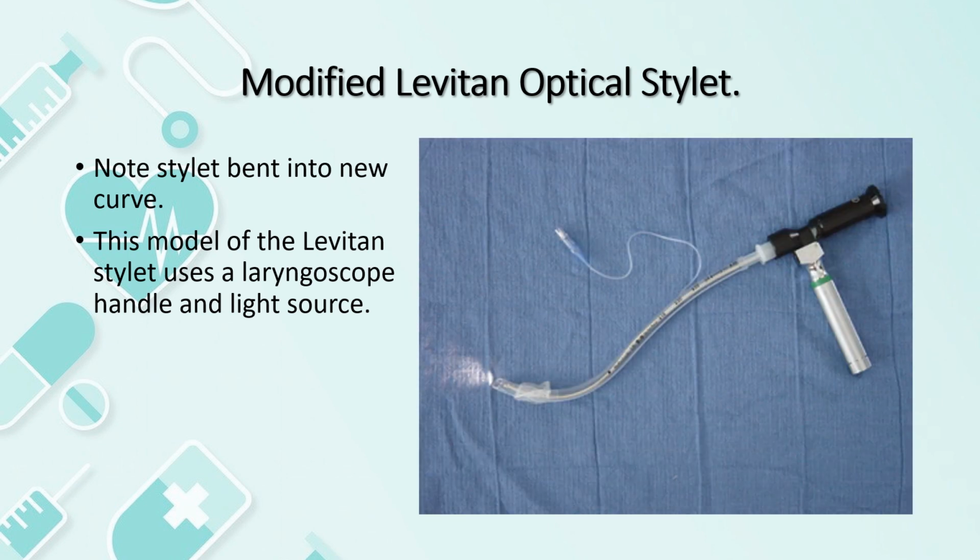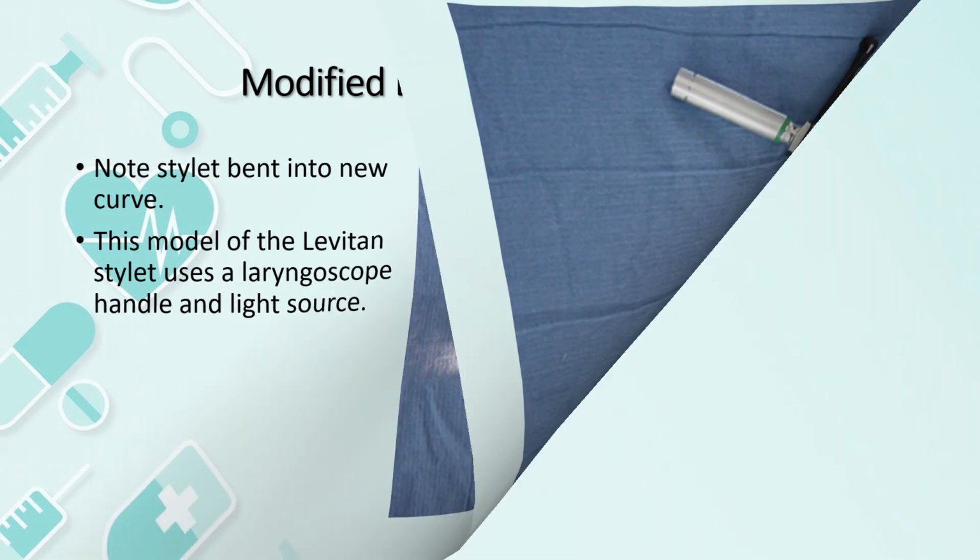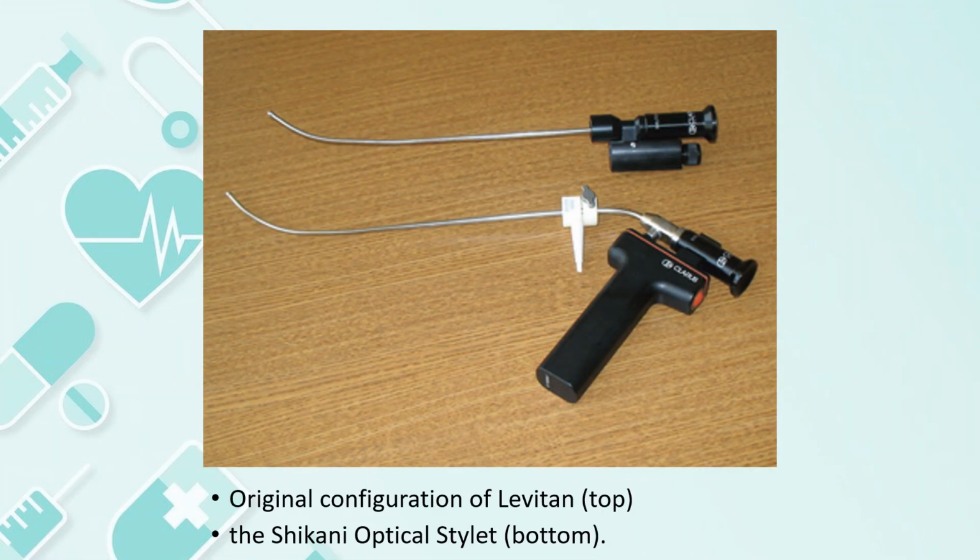The modified Levitan optic system, or optic stylet, is a stylet with a pre-curved configuration that can be used during intubation. This is the original configuration of the Levitan, the top one, and another modification in the bottom.